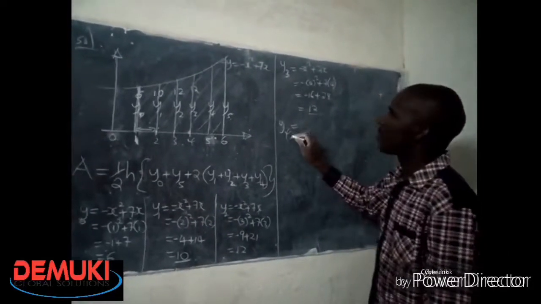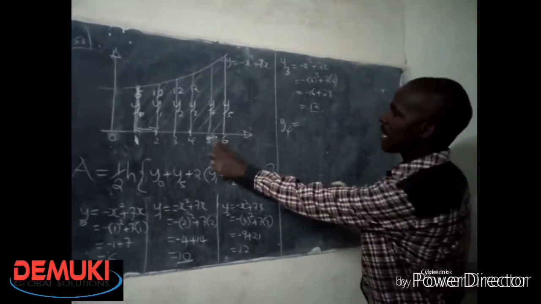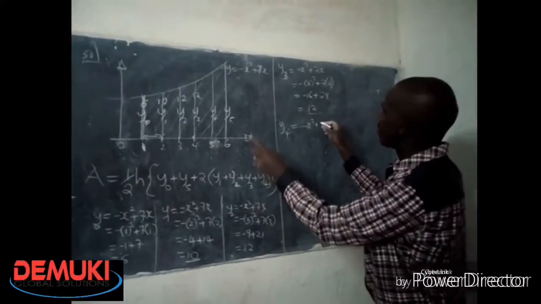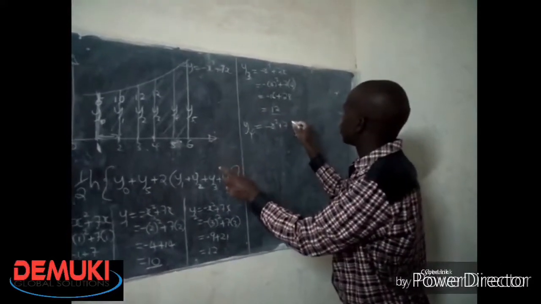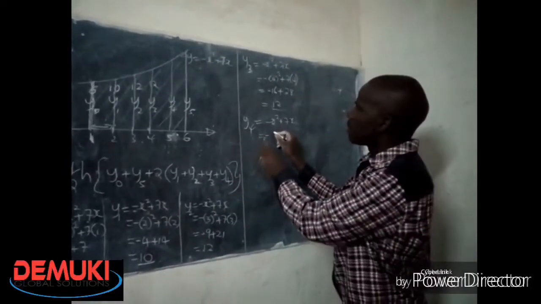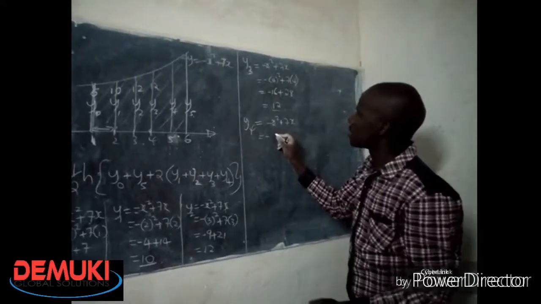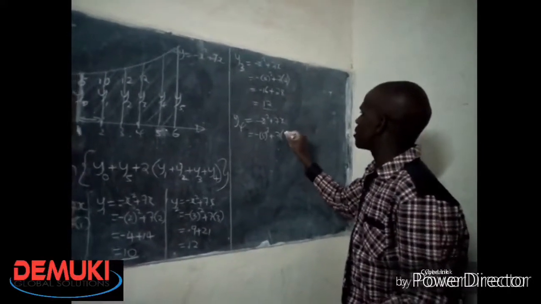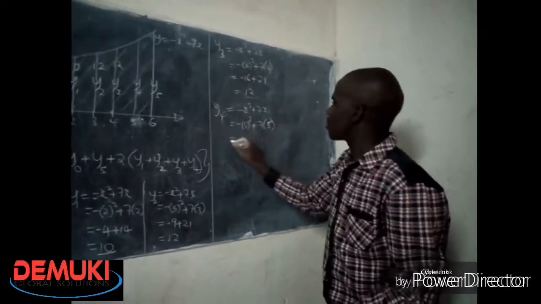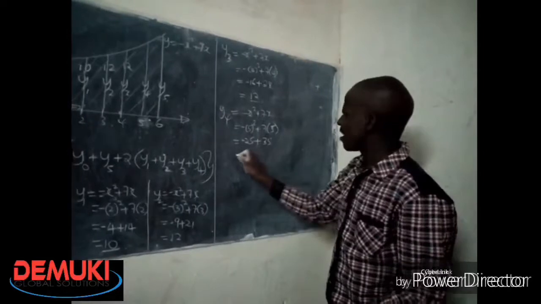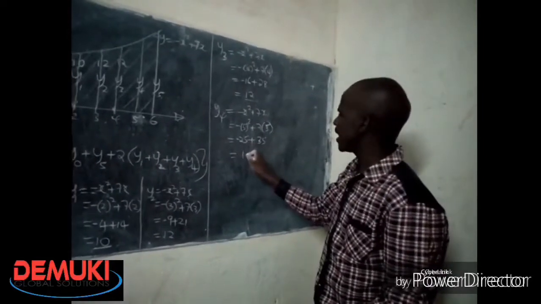So y4. What is my x? This is negative x squared plus 7 into x. So this will be negative 5 squared plus 7 into 5. So this will be negative 25 plus 35, and this gives me 10.